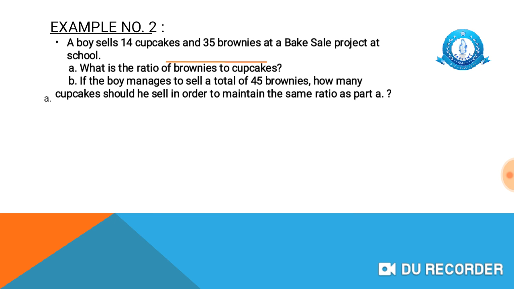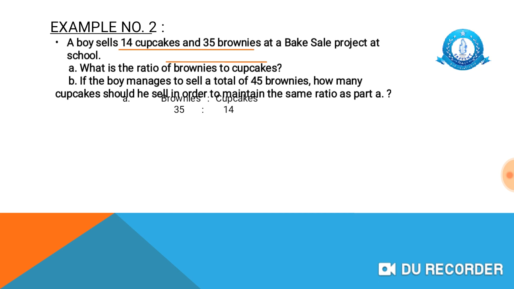Another important thing to notice over here is that the ratio requirement is of brownies to cupcakes. Our first step should be to write this in words and then write down the number of brownies under the heading of brownies and the number of cupcakes under the heading of cupcakes. But if you look at the data over here, data for cupcakes is given first and brownies is second. Do not confuse yourself.